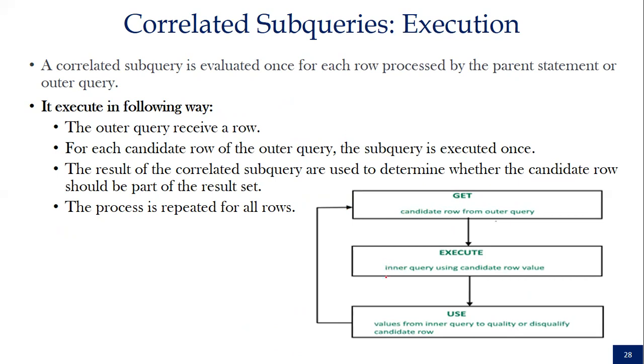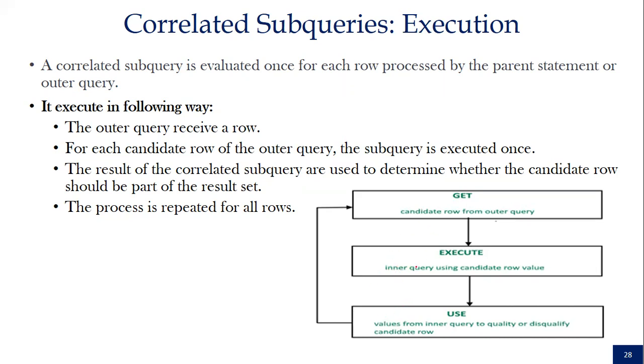Then you can use the outer query value and inner query value to compare, and then identify the qualifying or disqualifying tuple, and then go for the next row, or fetch the next row from the outer query, and then again execute the inner query based on the row fetched from the outer query, and then select the qualifying tuple, then again fetch the next row.